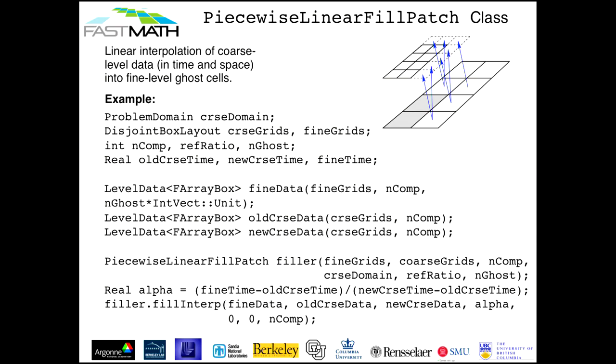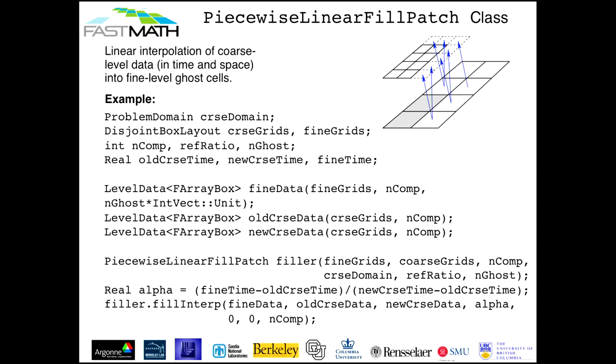The other extra piece of this is that if you have a fine patch, and you can remember in subcycling, I went from a coarse patch, and the first thing I did was I advanced it forward in time. My intermediate patches need their ghost cells filled with data from those coarse and fine patches interpolated in time.